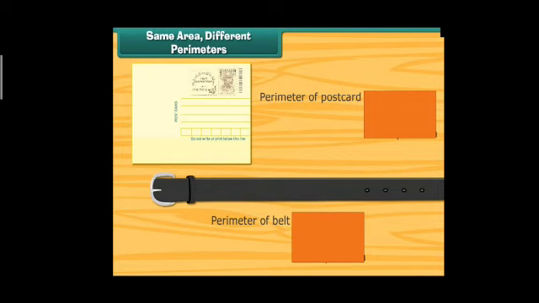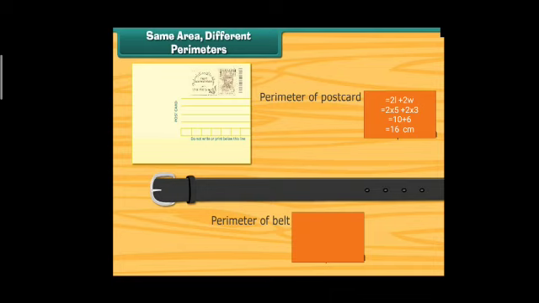And now we will find out the perimeter of both the figures. The length of the postcard is 5 centimeter and width is 3 centimeter, and it is in the shape of a rectangle. So the perimeter of a rectangle is 2L plus 2W, which is 2 into 5 plus 2 into 3. If we solve it, we get 10 plus 6 is equal to 16 centimeter.